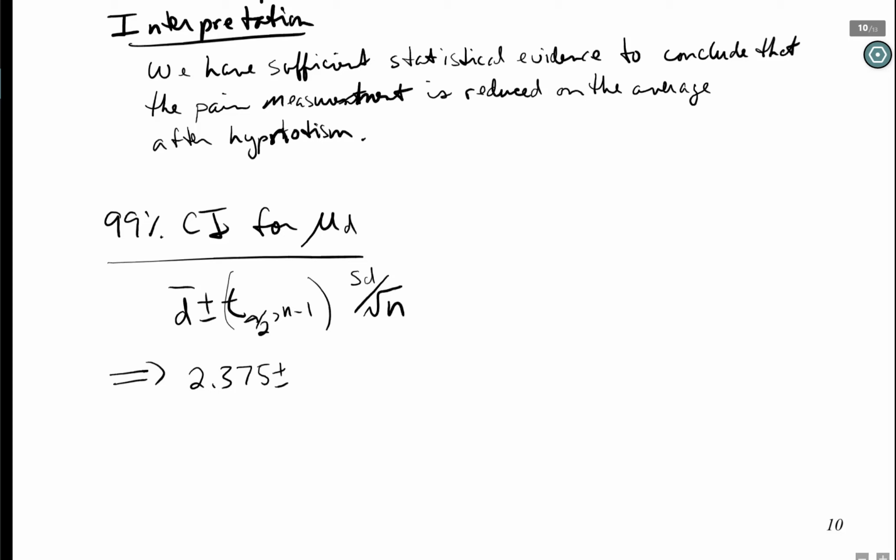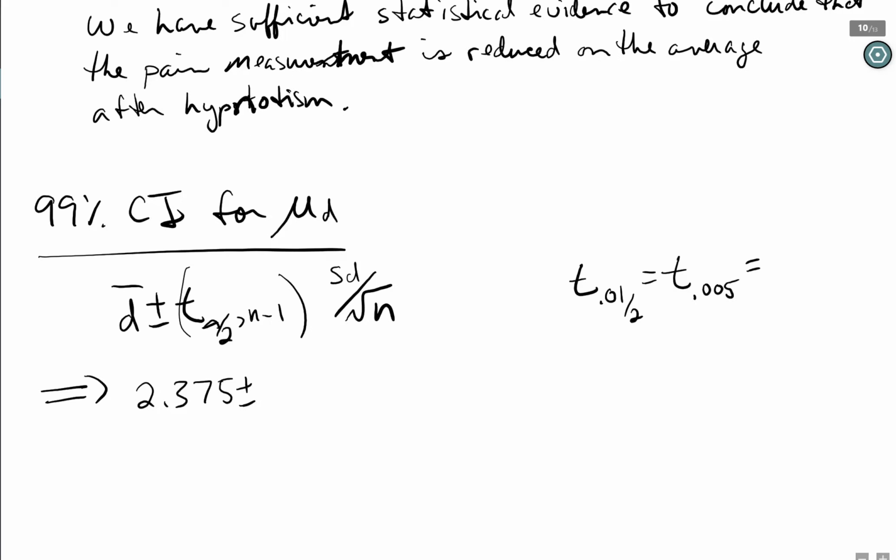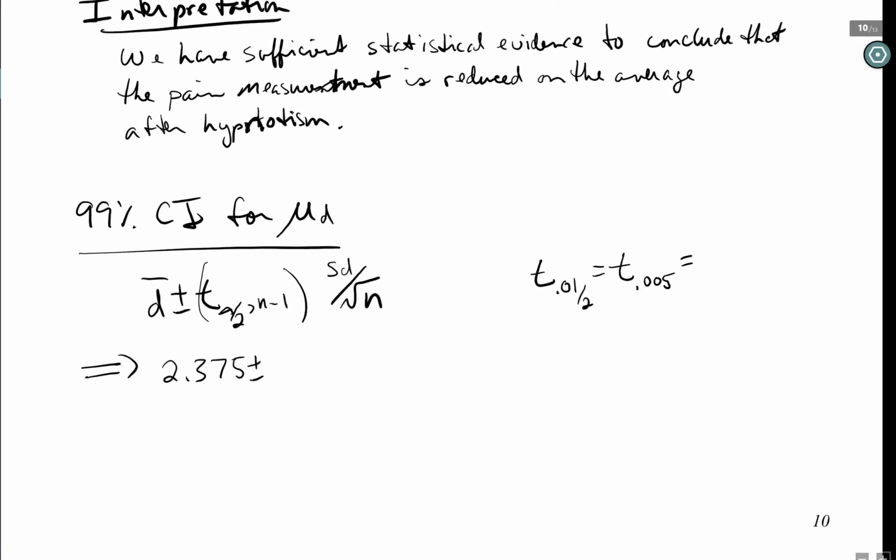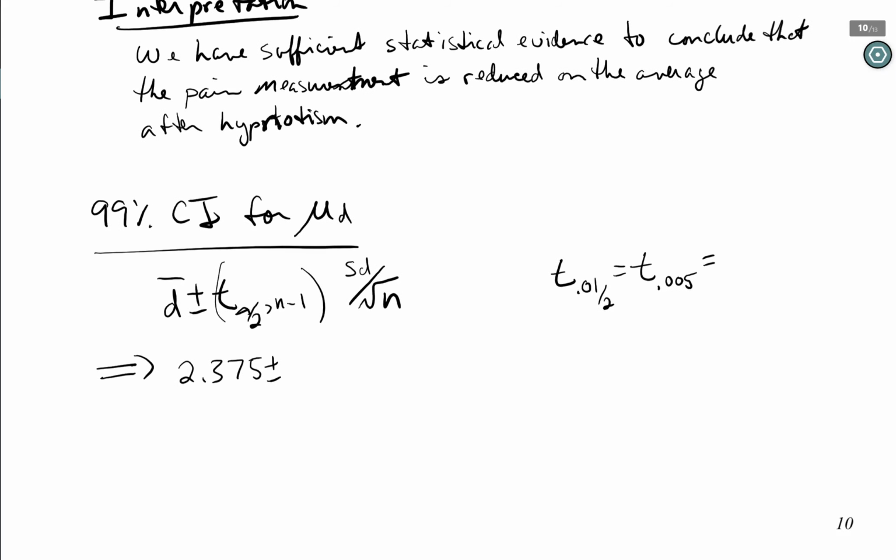I'm going to need a t sub 0.01 over 2, or t sub 0.005 value. You look that up in your table, you should get 3.499. Okay, so that's my t percentile, 3.499.